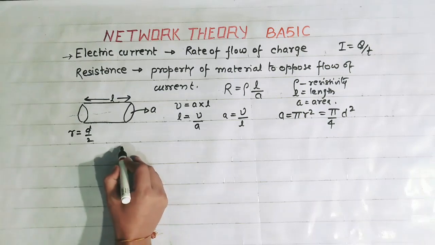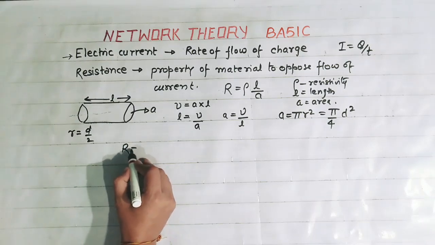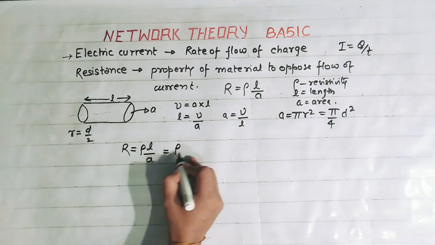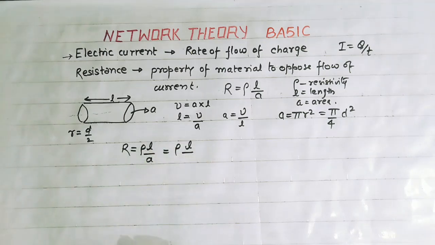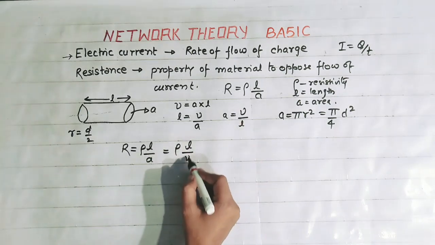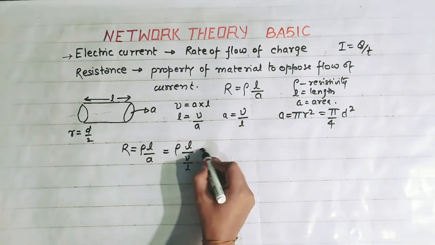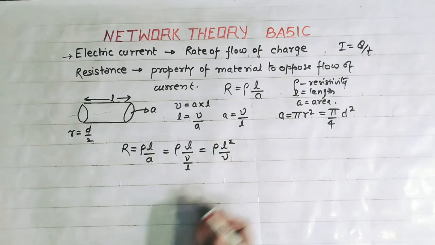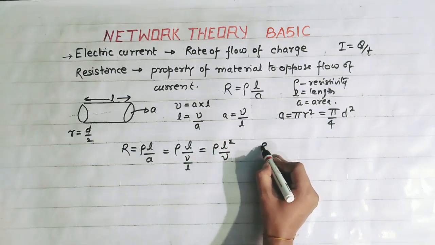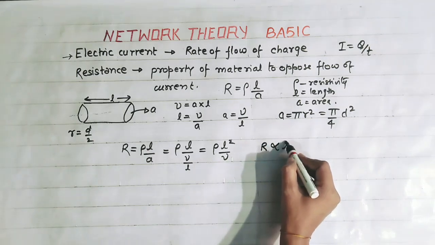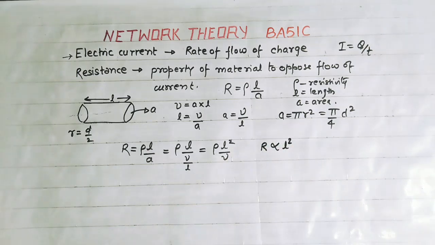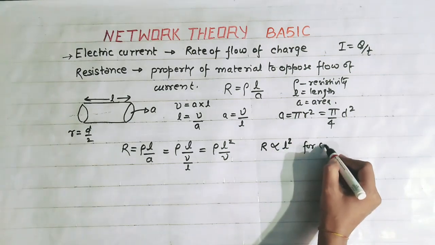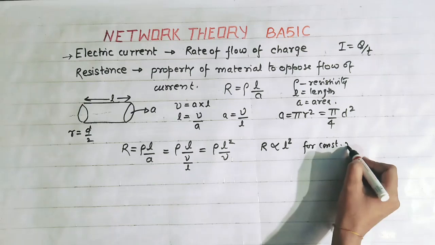Now we can write resistance R is equal to rho L by A, and if I replace this area A by V by L, then I will get rho L square by V. It means resistance is directly proportional to the square of length for constant volume.